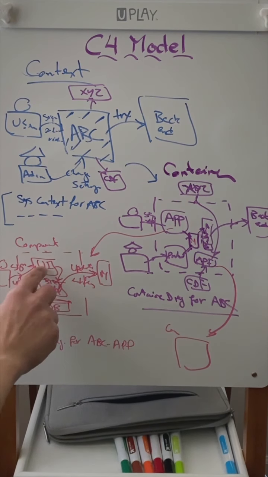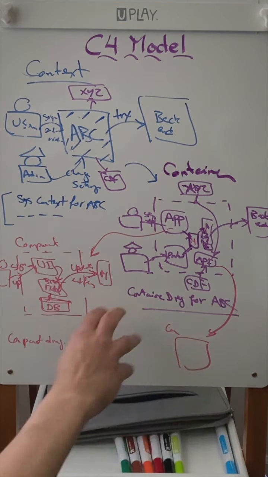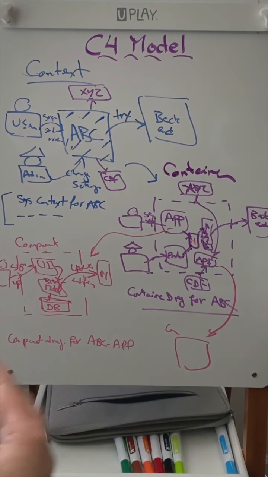Similarly, you take the UI, have a component, a code level for it, and you have actual classes. And maybe this can relate to what we did with the design class diagram, or the communication diagram, where we had some sort of component.